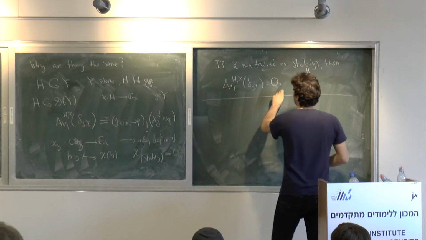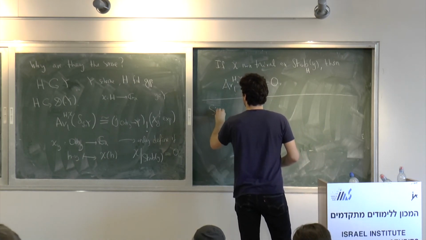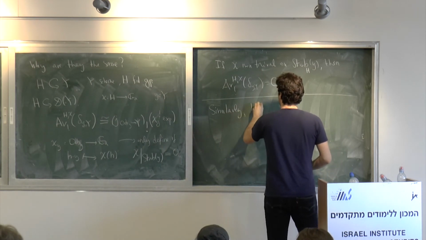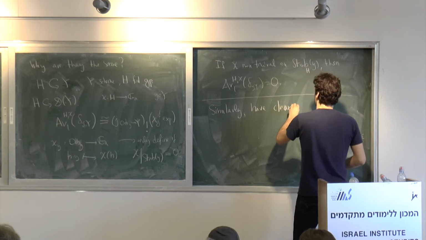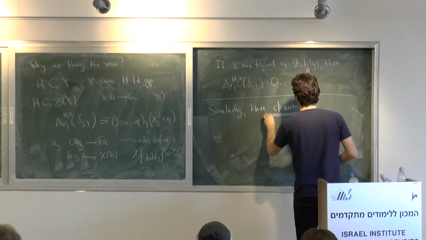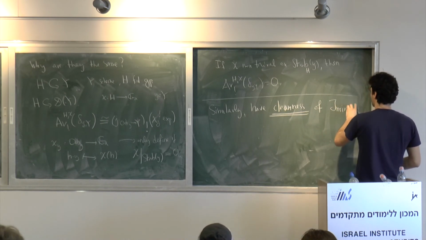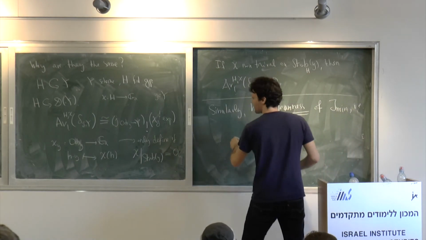And another thing that this tells me, so similarly, I have cleanness. That's a crucial thing of J mean, aka by definition, i.e. So let's go to the first definition.